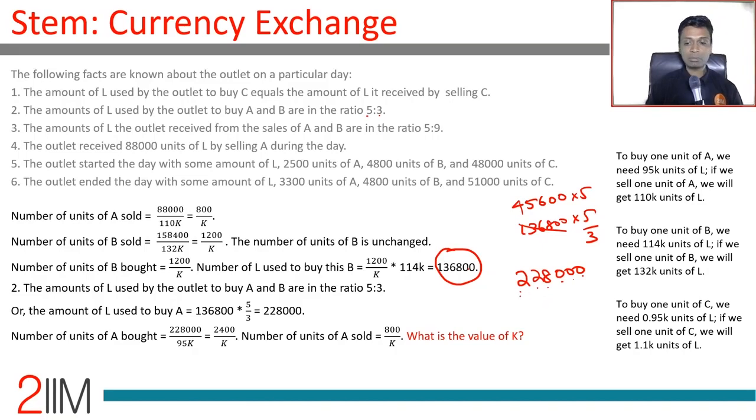How many units of A will be bought? This divided by 95K. For each unit of A, we'll need 95K units of L. 228000 by 95K.